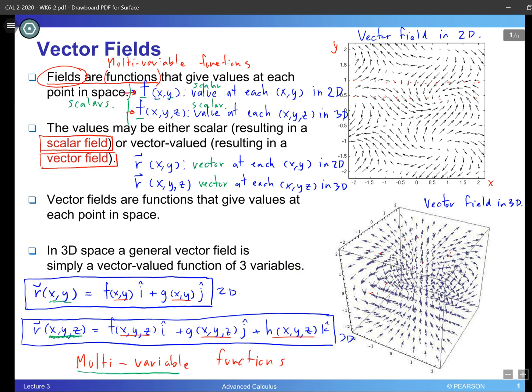Oh, I'm sorry, it's supposed to be vector functions, so change this to vector function. When it comes to multi-variable, we are talking about input. And what about vector right here? It is the output. The output of this function is a vector, and that's why these are vector functions.